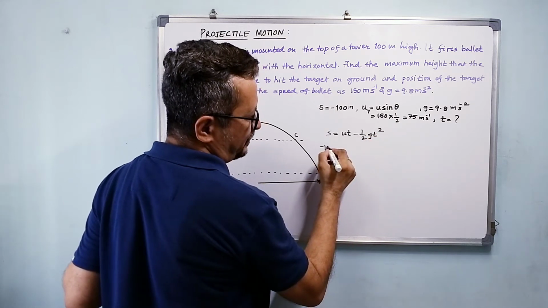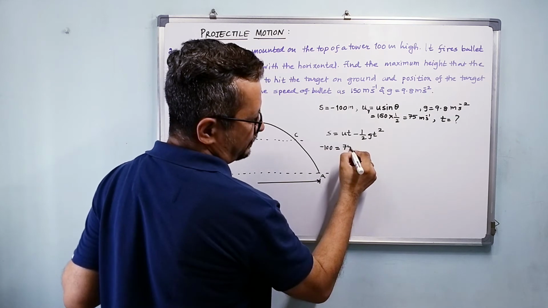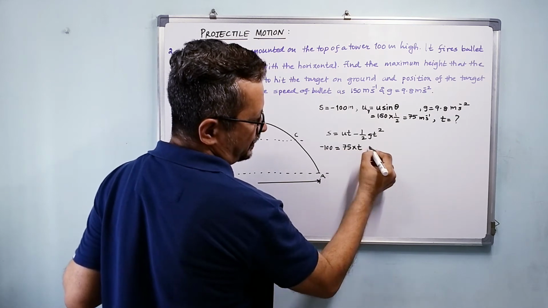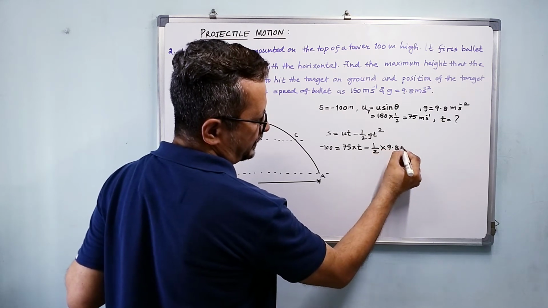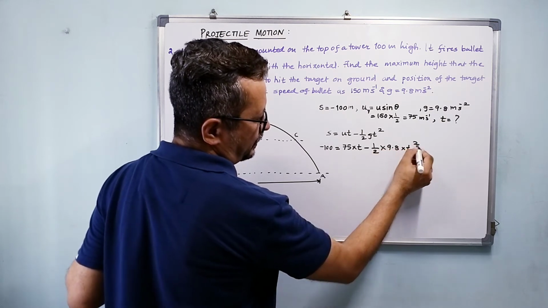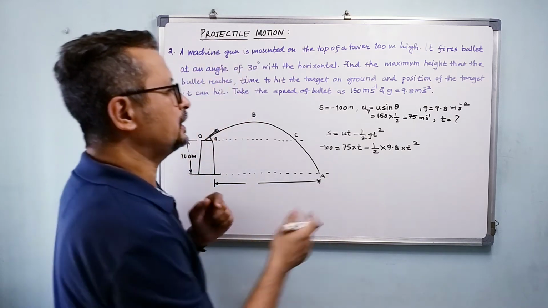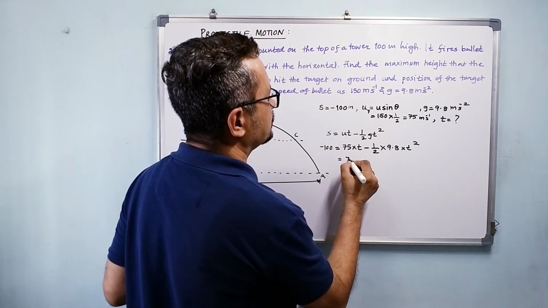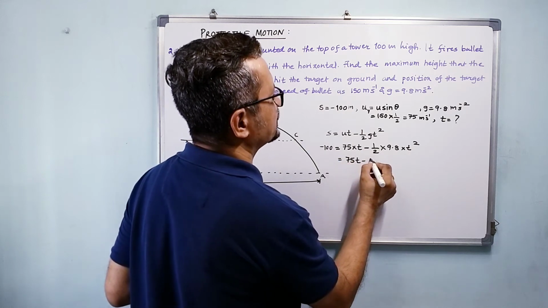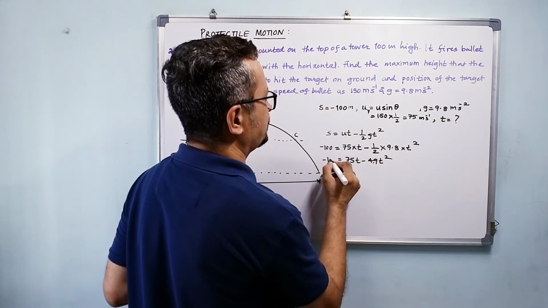So minus 100 is equal to 75 into T minus half into 9.8 into T square. Now this is a quadratic equation. So let us do this. It would be 75T minus 4.9 T square, that is equal to minus 100.